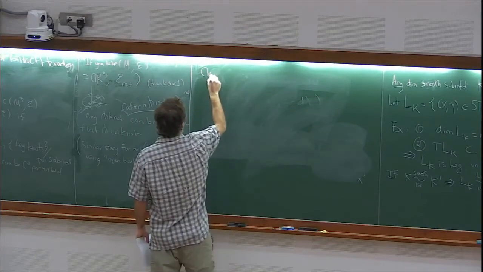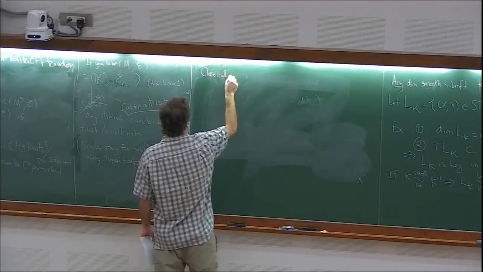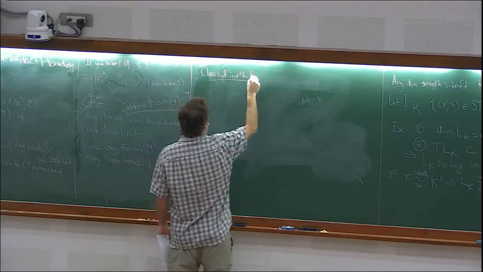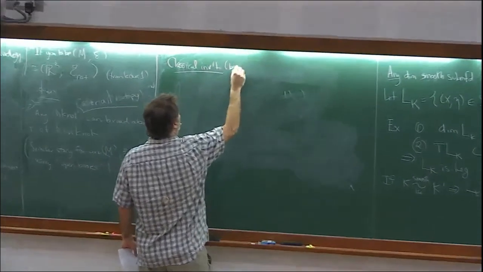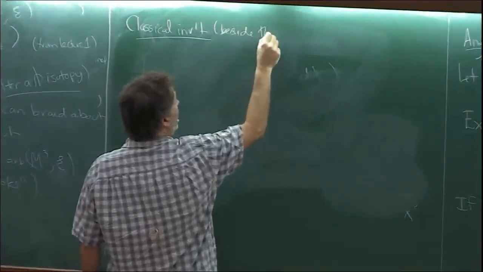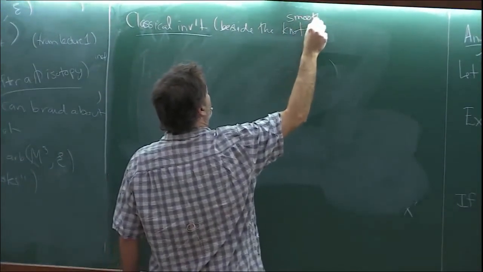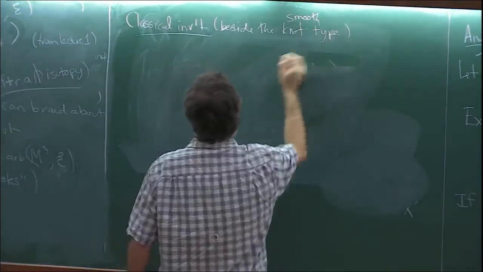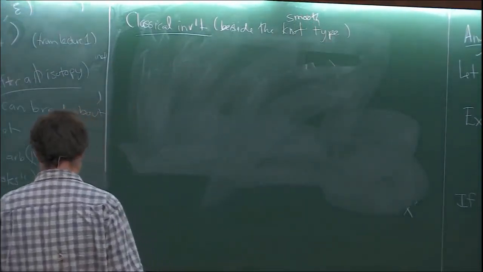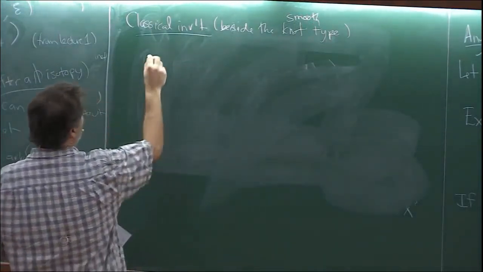Okay, and so for transverse knots, we have this one classical invariant. Besides, of course, the smooth knot type, we have one classical invariant for transverse knots known as the self-linking number.